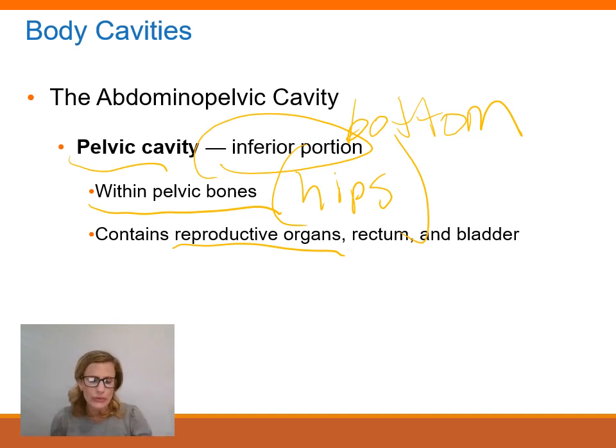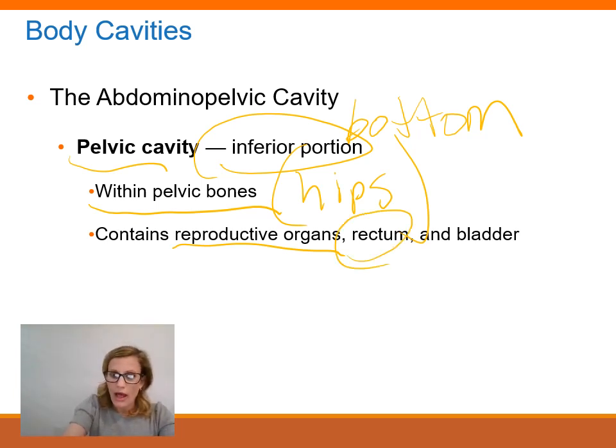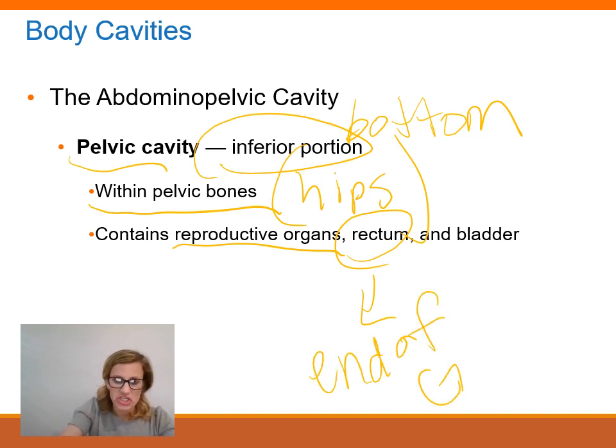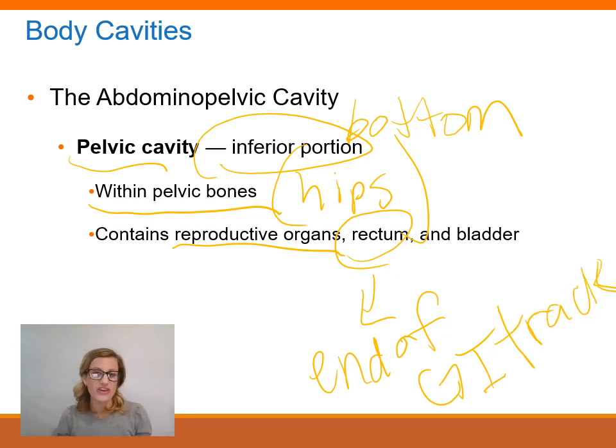In women, this would include things like the uterus and the ovaries. It also includes the rectum. The rectum is the very end of the GI tract. So this is like the last 5 inches or so of the GI tract where the feces or poop goes before it exits the body. And then also the urinary bladder where our urine is stored.